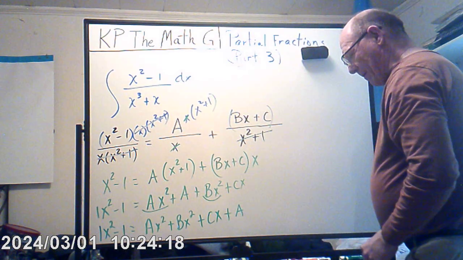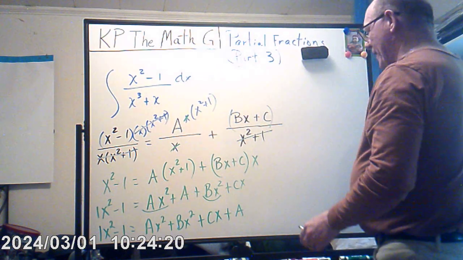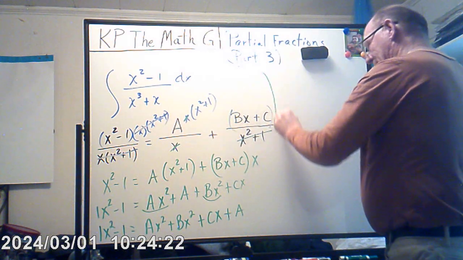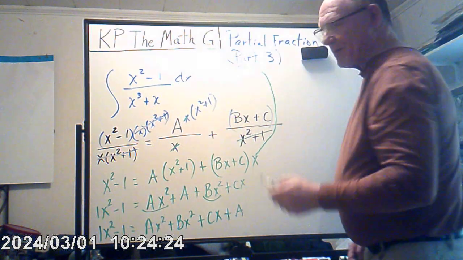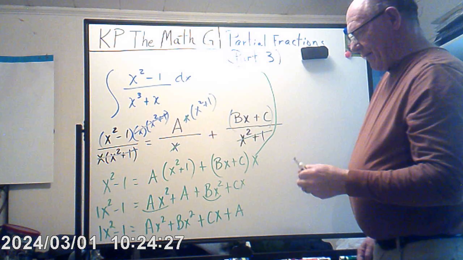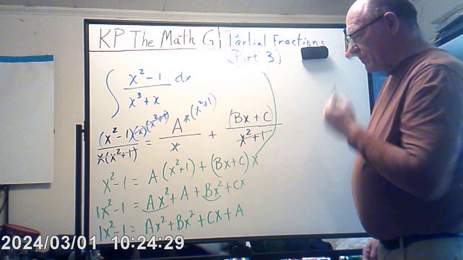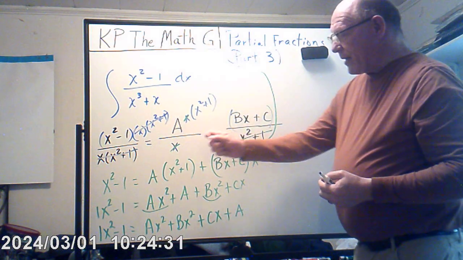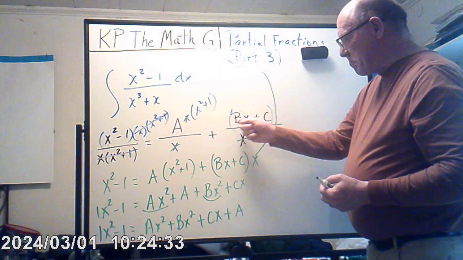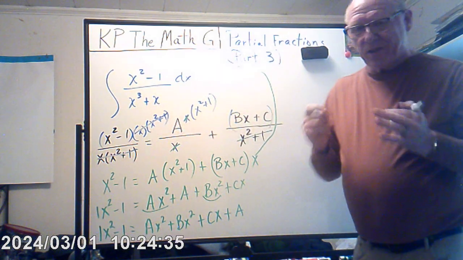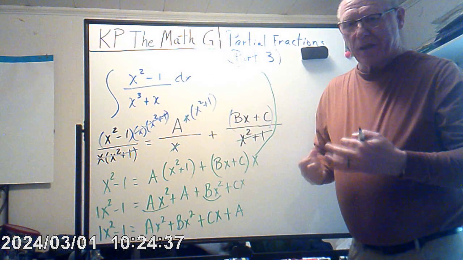Alright, now what we're going to do is set up a system of equations. What we're trying to do is find A, B, and C. Remember, that's the ultimate goal to start the problem.